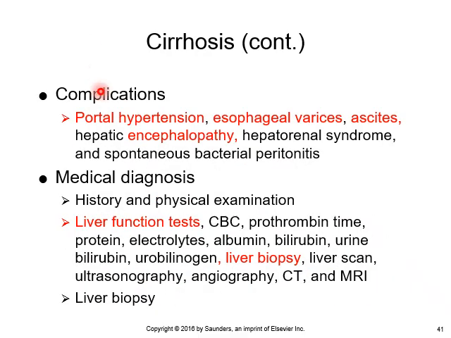Complications could be portal hypertension, esophageal varices, ascites, and hepatic encephalopathy. To diagnose, we'll do a history and physical examination, and then the liver function test again, and then liver biopsy.